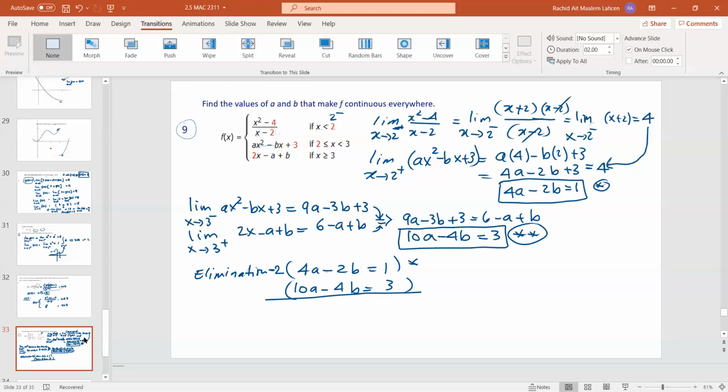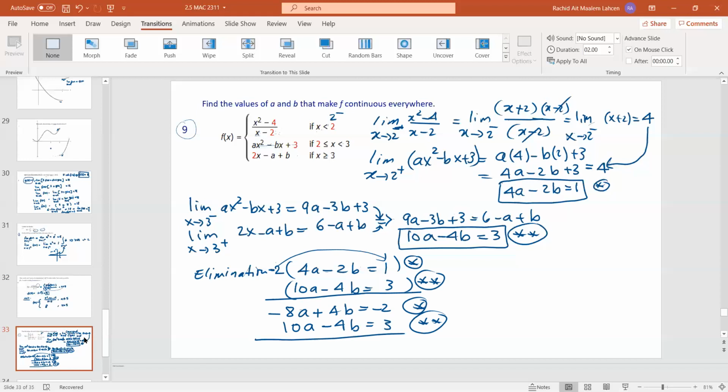So the star and the double star. Now the star becomes negative 8a plus 4b. Don't forget this part here. And the double star, I didn't do anything to it. You can also eliminate a if you want to, whichever is easier.